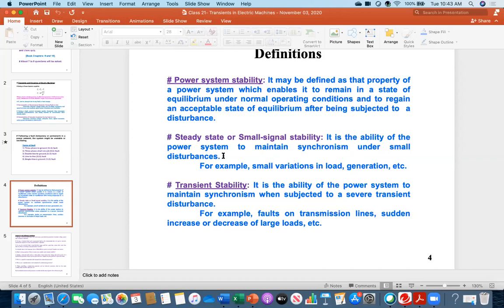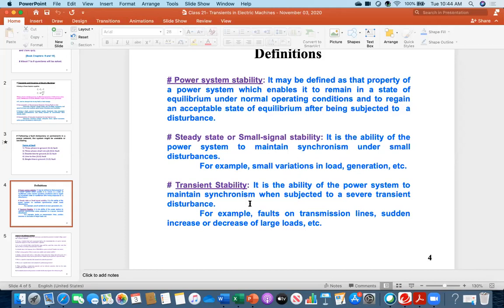Then you can say the system is not stable; there is a problem of small signal stability. Small signal means a small change. If that small change is too much, if it is detrimental to the system, then it is problematic. Then you can say the system is not stable, even though it is at a steady state. That is the meaning of small signal stability.